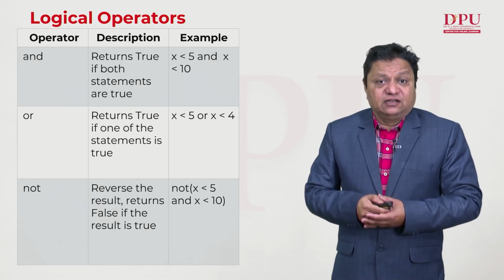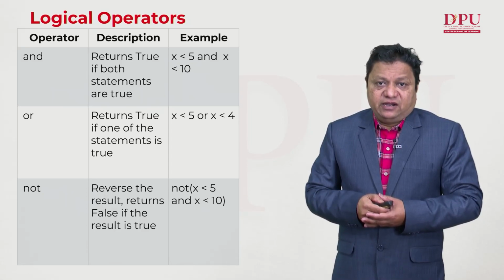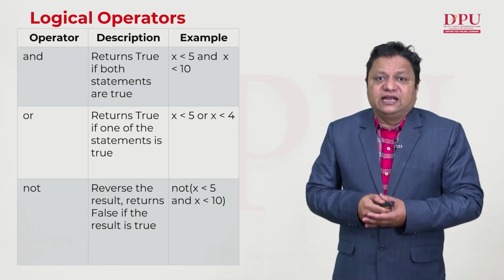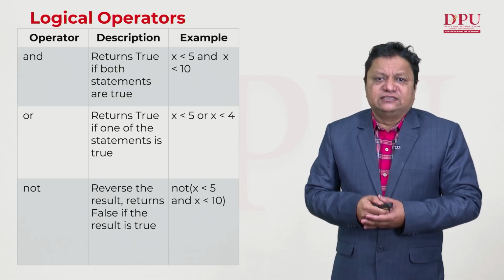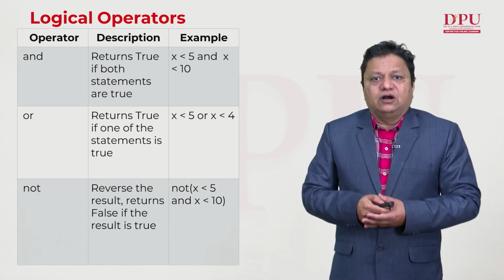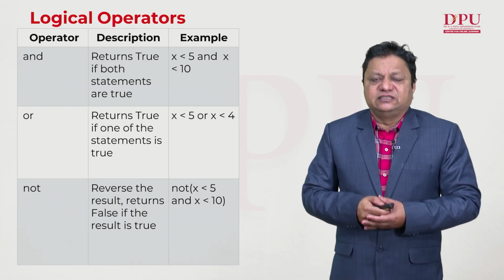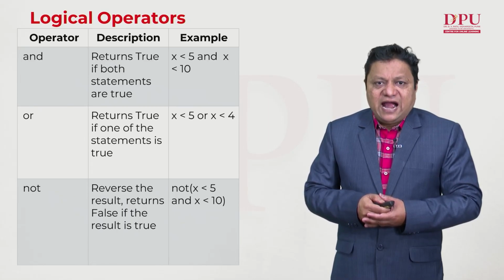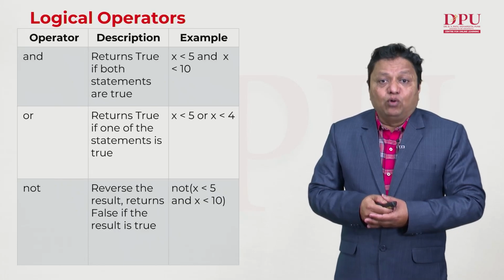If x is greater than 5 and x is less than 10, if any one of the conditions becomes false, in that case it will give you a false Boolean value, that is, the statement is not true.